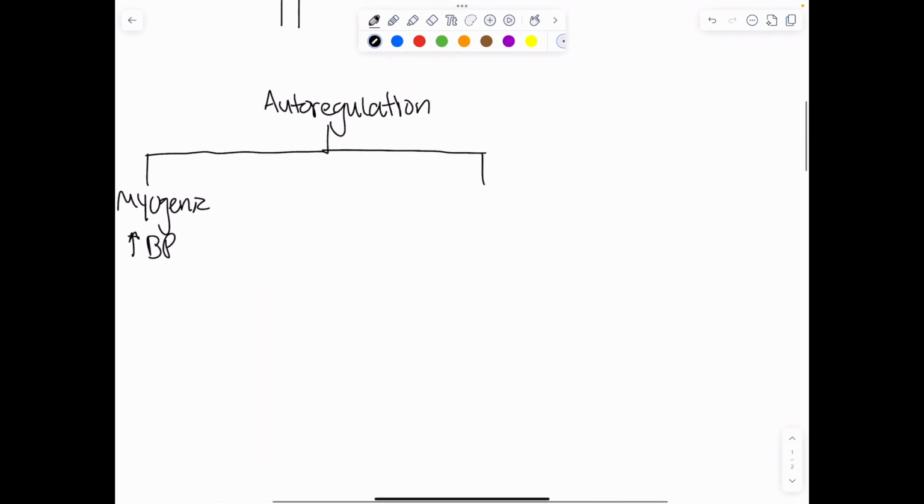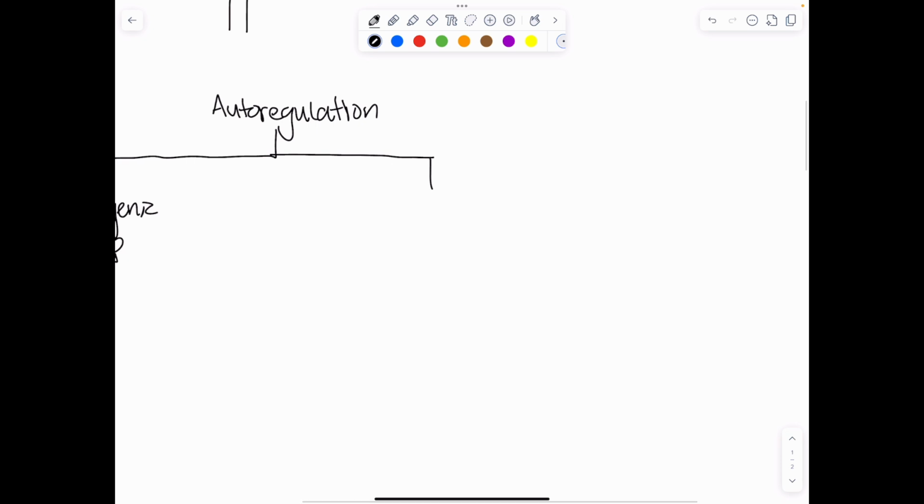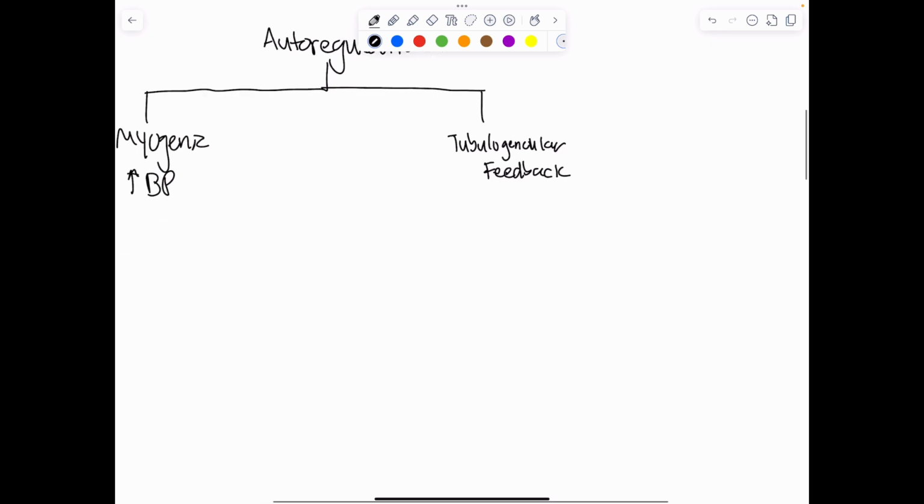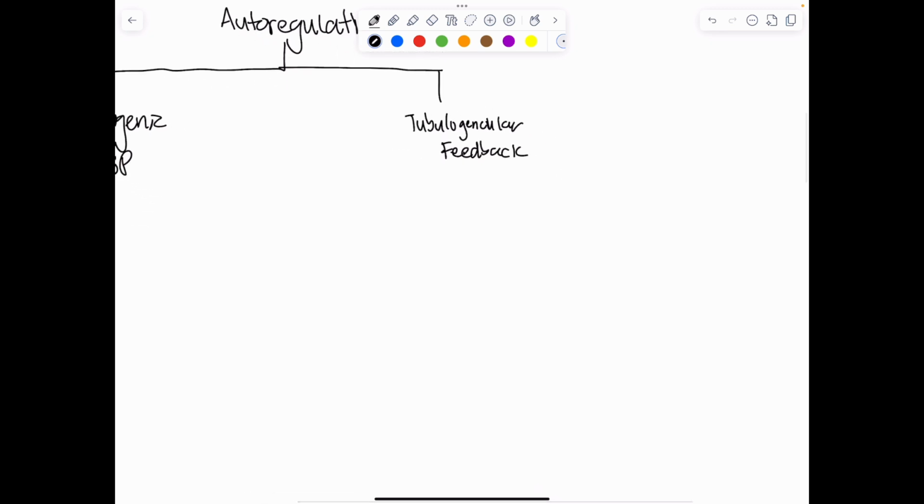So we have myogenic, but the one we really want to focus on is our tubuloglomerular feedback. So this can help with increasing and decreasing our blood pressure.